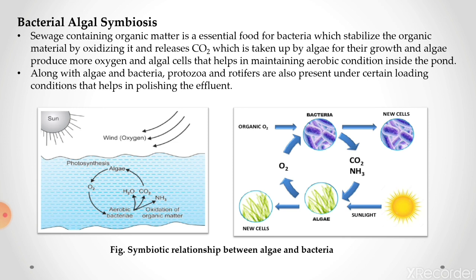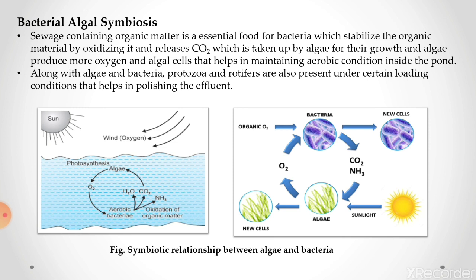And algae produce more oxygen and algal cells that help in maintaining aerobic condition inside the pond. Along with the algae and the bacteria, protozoa and rotifers are also present under certain loading conditions that help in polishing the effluent.